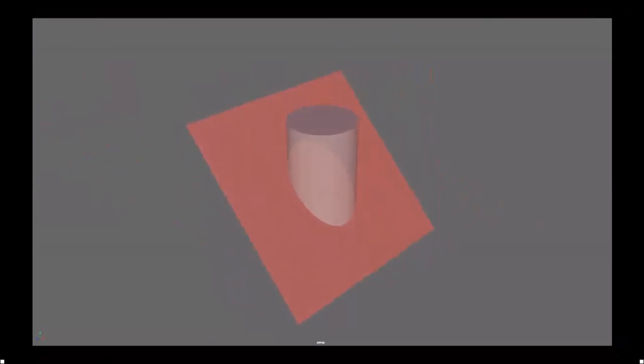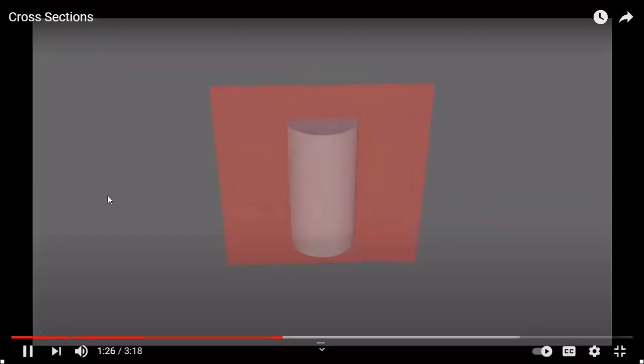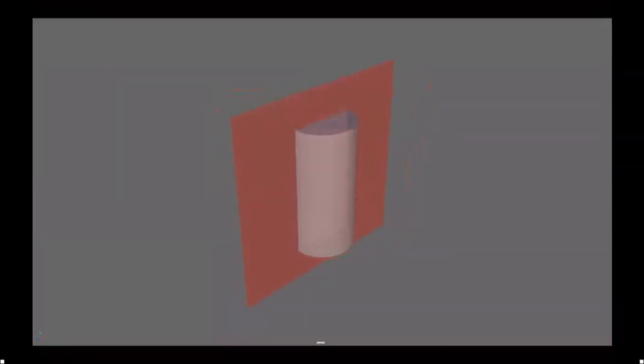If we bring the plane all the way up until it is perpendicular to the bases, we see that the cross section is a rectangle. If we pass the plane through the cylinder perpendicular to the bases, we see that all of the cross sections will be rectangles of varying sizes.